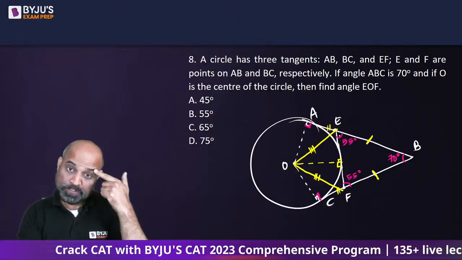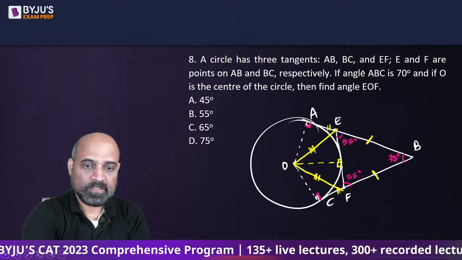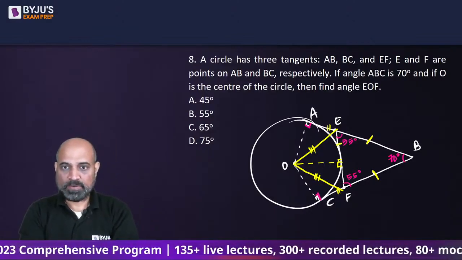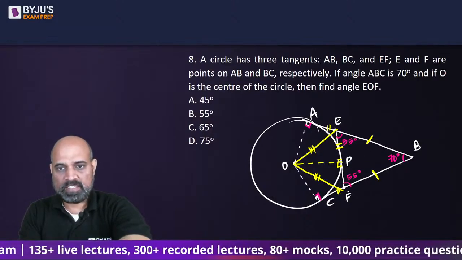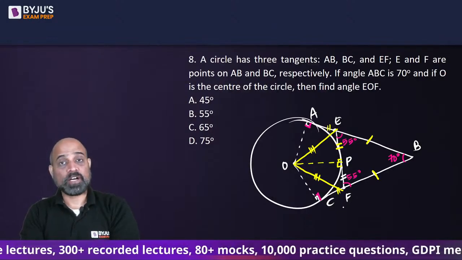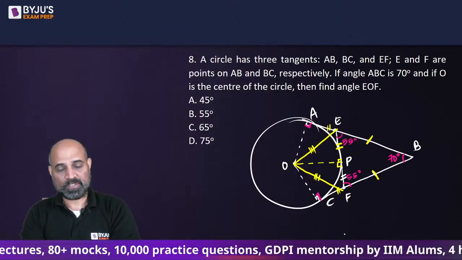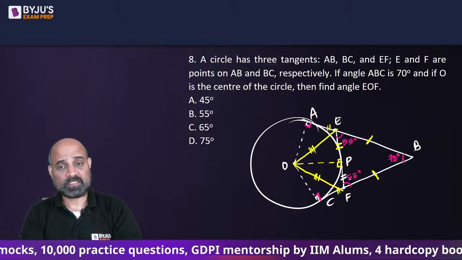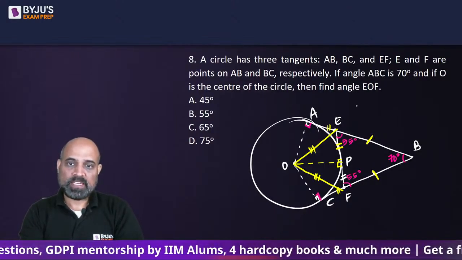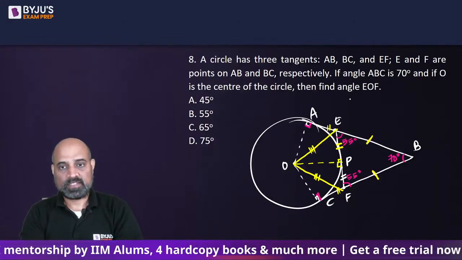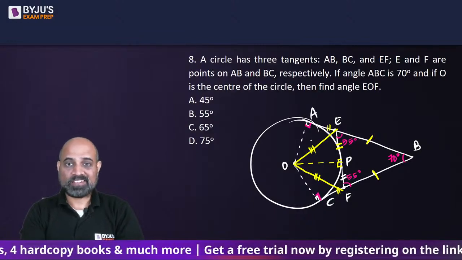So if this is 55, and AE will be equal to EP, CF will be equal to FP. Why? Because now E and F are external points from which we have drawn the pair of tangents. So what we get is OAPE. This is a cyclic quadrilateral, same logic as before.